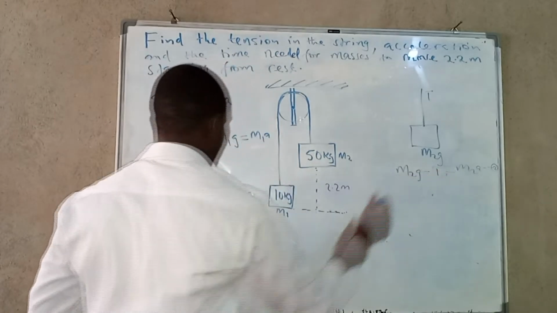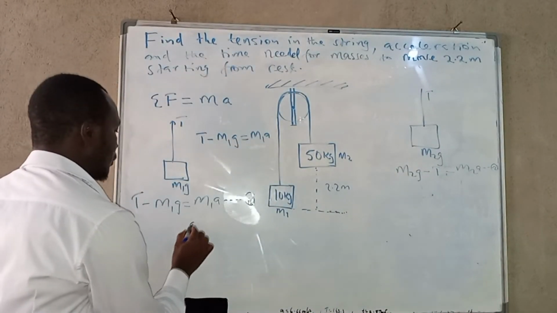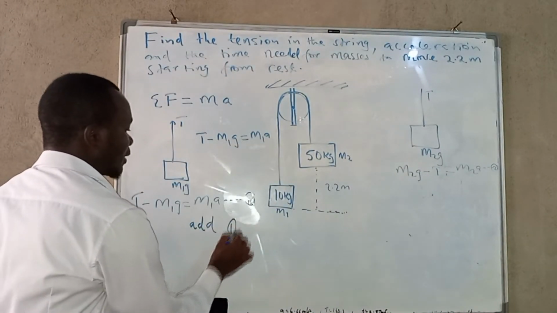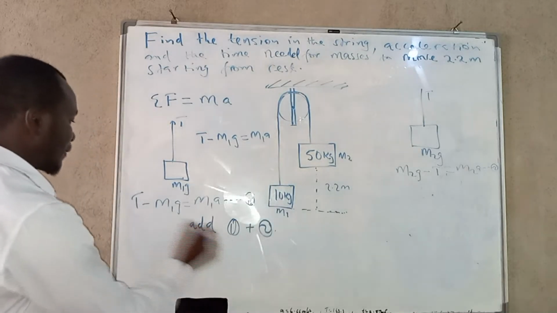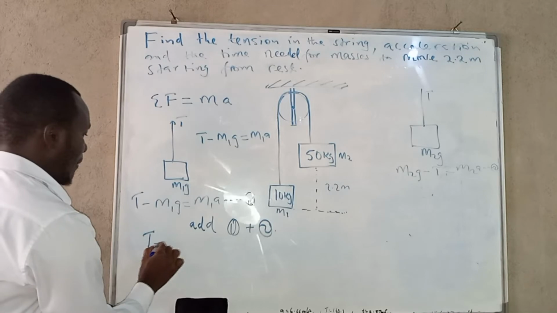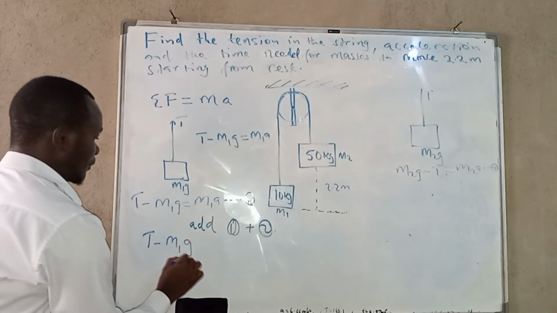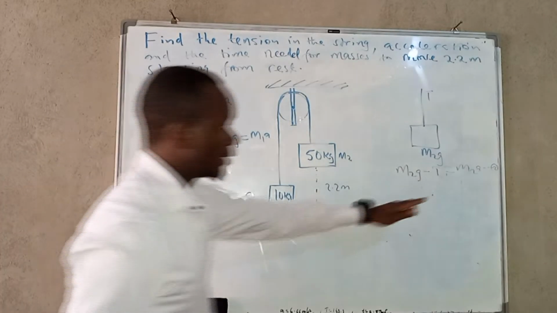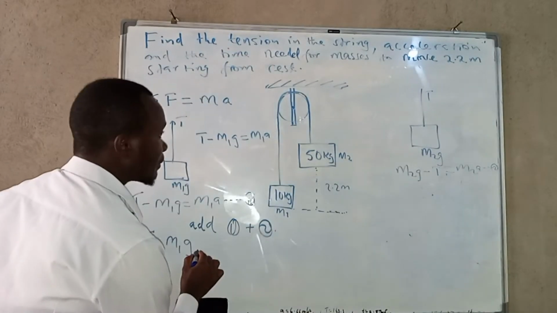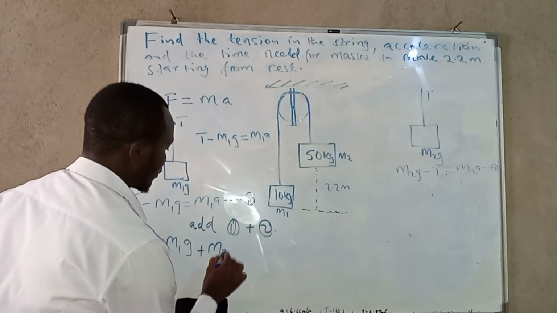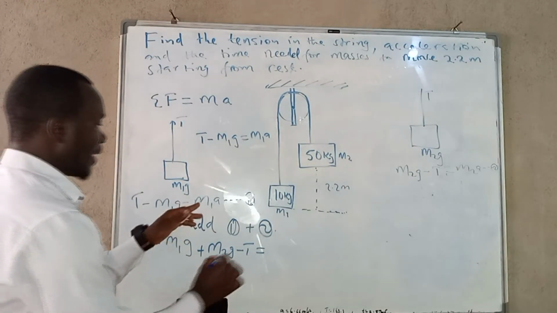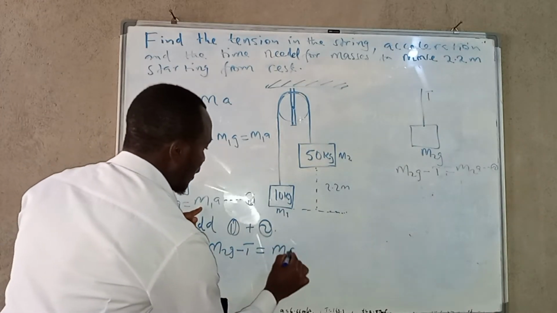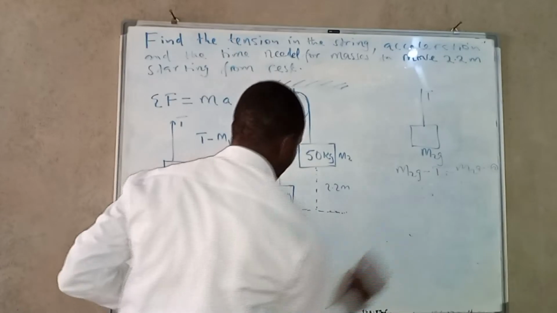If we add equations 1 and 2, from the left we have T minus m1g, then plus m2g minus T, is equal to, from the right, m1a plus m2a.